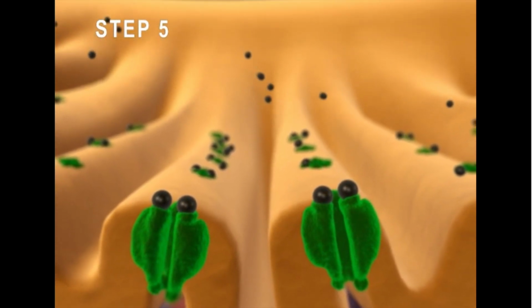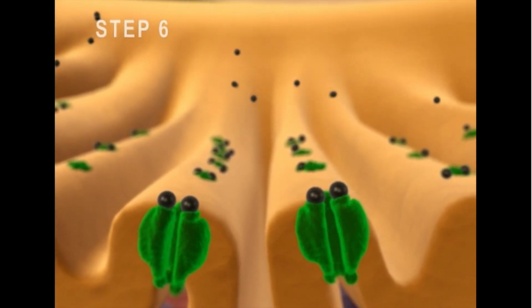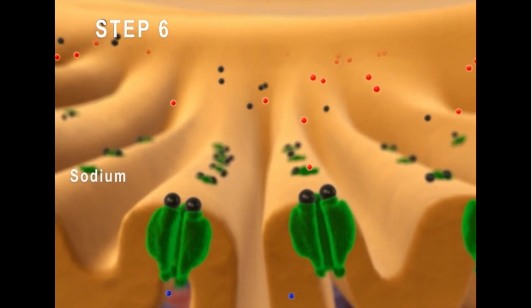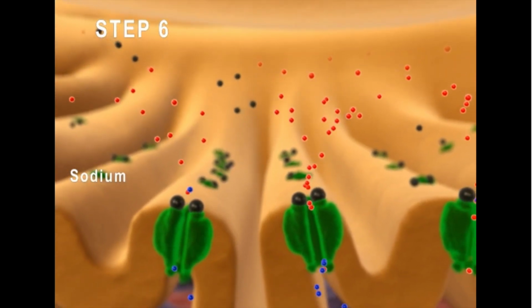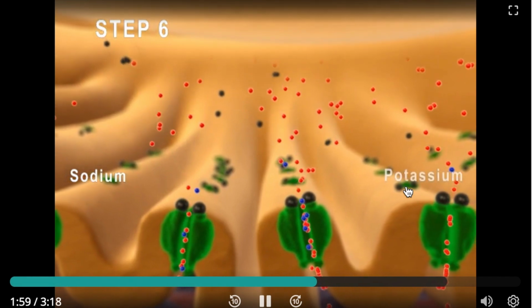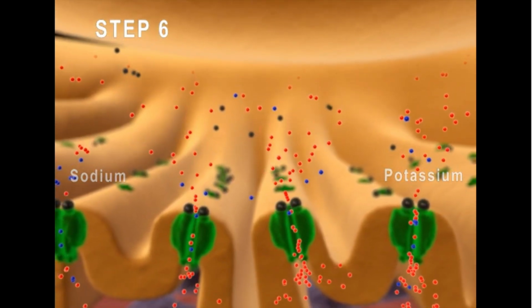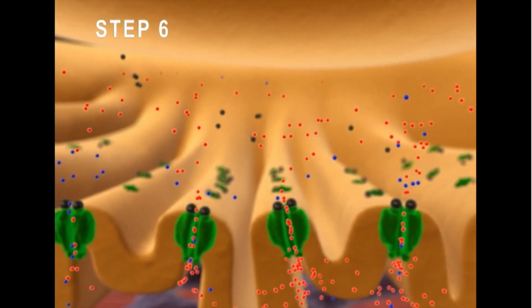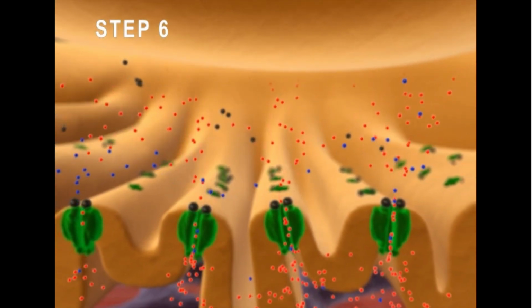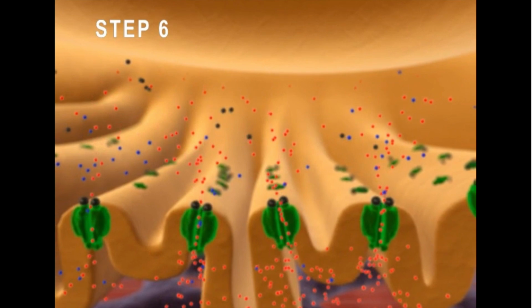Potassium here is the blue, coming out, and sodium is going in. So as sodium rushes in and potassium moves out, it changes the electrical charge of the muscle fiber.